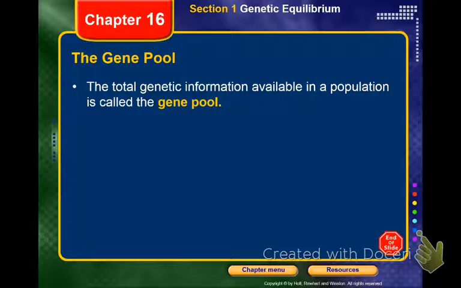But when you have organisms that are all the same, you don't have a lot of diversity, and that causes concern for future generations. For example, cheetahs: there aren't a lot of them left in the wild, and so they're trying to do recovery efforts by breeding cheetahs in captivity. The problem is that since they have such a small gene pool, there aren't that many individuals and there's not a lot of genetic diversity.